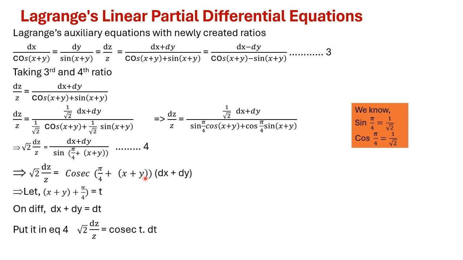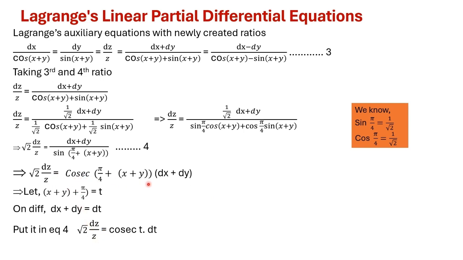Now let us consider pi by 4 plus x plus y as t. On differentiating it, we get dx plus dy is equal to dt. Now put the value of t and dt in this equation. So we get root 2 dz by z is equal to cosecant t dt.